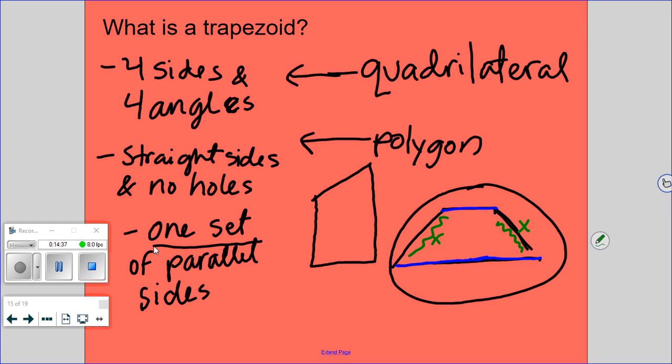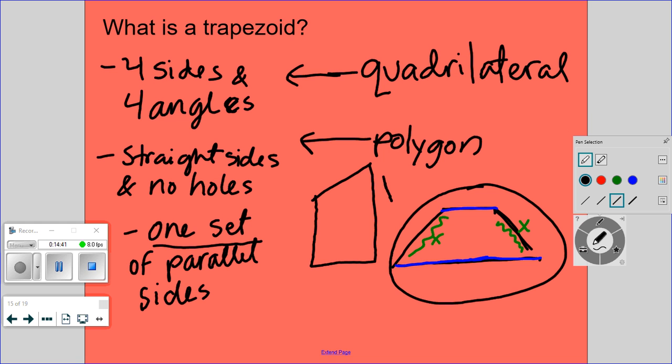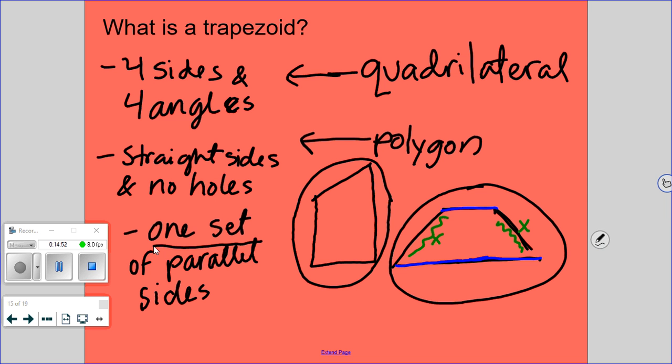Show me with your arms, where are the parallel sides on this shape? Yep, we're looking at opposite sides. So on this one, they're going up and down.